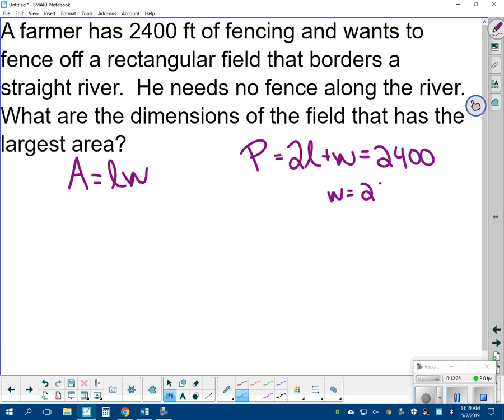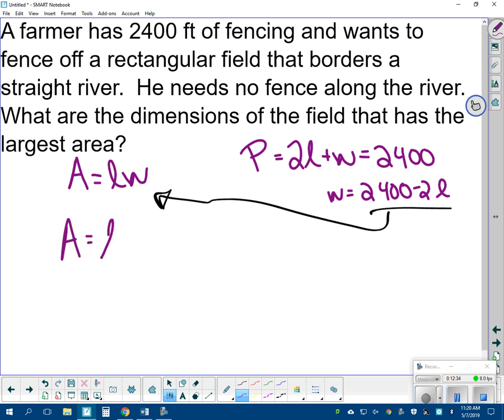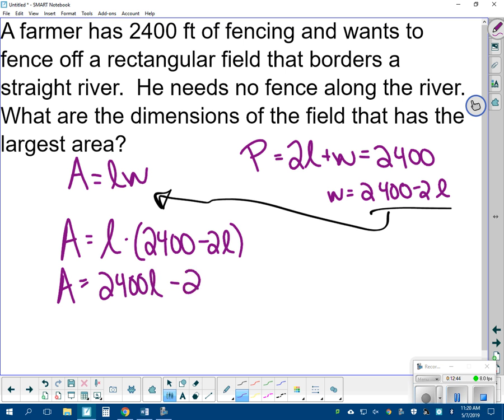W equals 2,400 minus 2L. So now you can take that and substitute it into the equation that you are actually trying to optimize. So that's length times 2,400 minus 2L. So area equals 2,400L minus 2L squared.